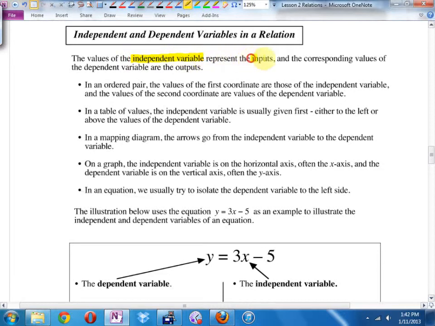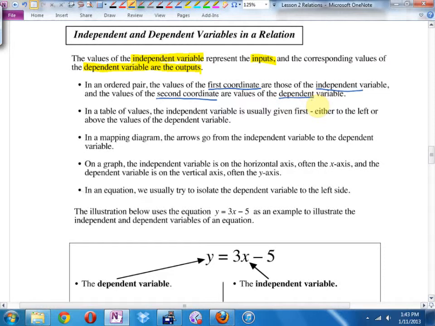The independent variable represents the inputs. That's the first variable, the x-coordinate. The dependent variable are the outputs. When I give you an ordered pair, the first coordinate is the independent variable. The second coordinate is the dependent variable.